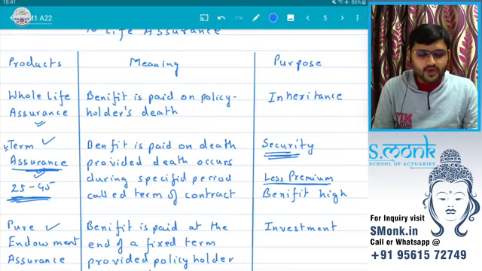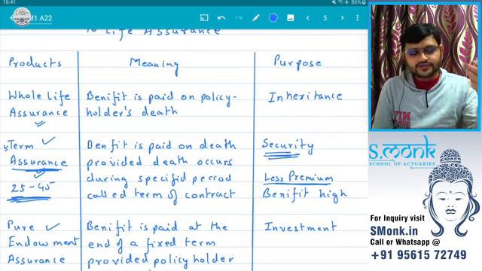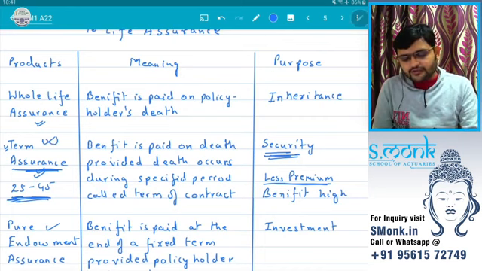Why? Because the probability of dying between that age, let's say, 30 that I am today till age 60 might not be very much. So probability of dying is very low. And after age 60, I do not have any term assurance, so I am looking for a whole life assurance.